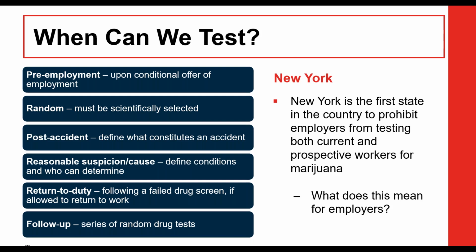Reasonable suspicion or for cause testing, again, we need to make sure we're mindful of state law when we're defining conditions of what constitutes reasonable cause versus what not, and who can actually make that determination. It's usually a situation where we highly recommend involving human resources in that discussion. And when you're talking about reasonable suspicion or cause, one of the key questions to ask ourselves is, do we have enough to discipline this individual because we think they're not performing the essential function of their job?